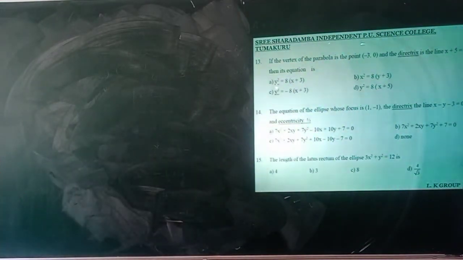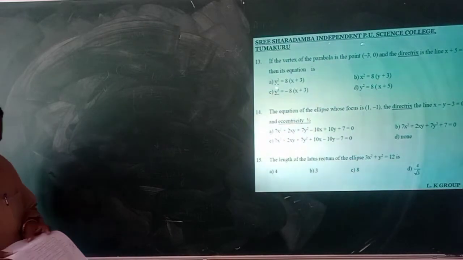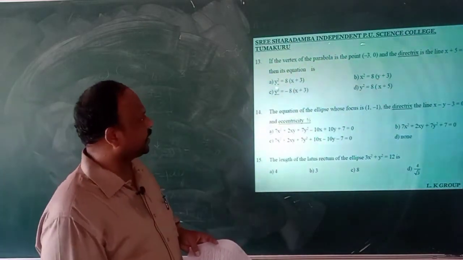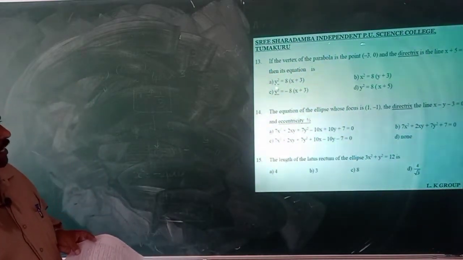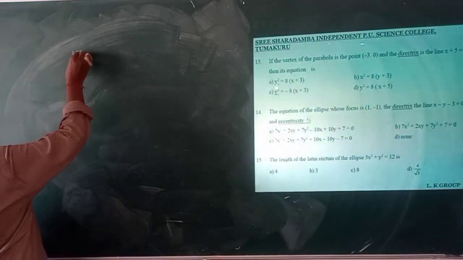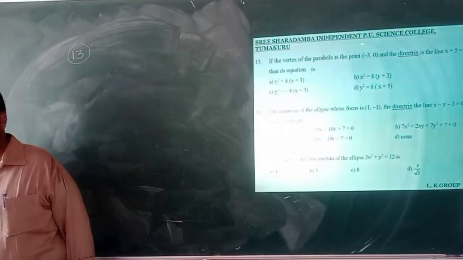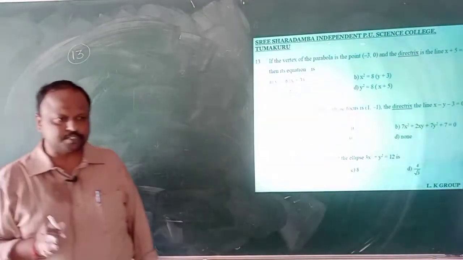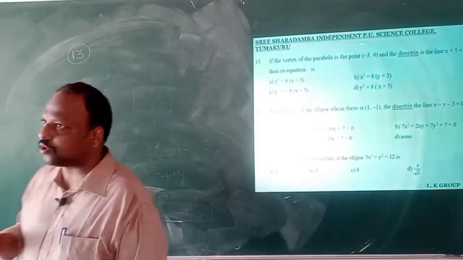Read question number 13. If the vertex of the parabola is at the point (minus 3, 0) and the directrix is given, then find the equation. Before going to this problem, I will tell you a very important thing. In first year you studied the parabola, ellipse, hyperbola with vertex (0, 0).